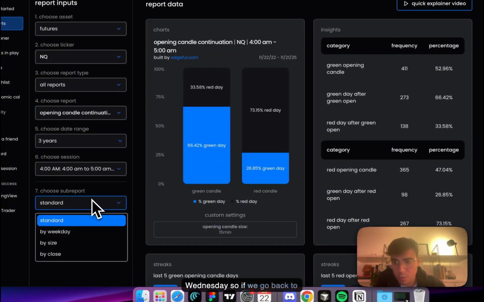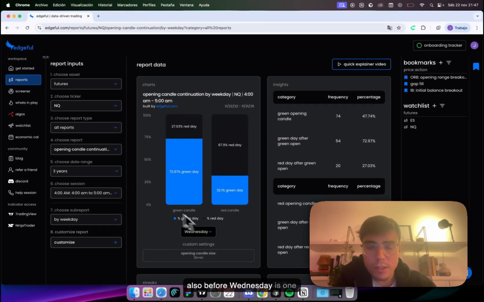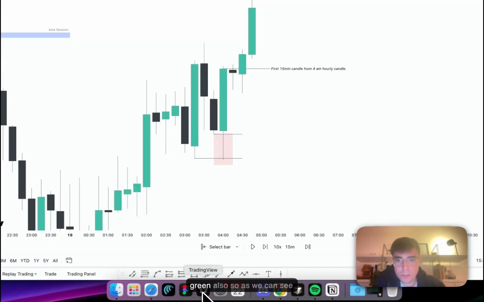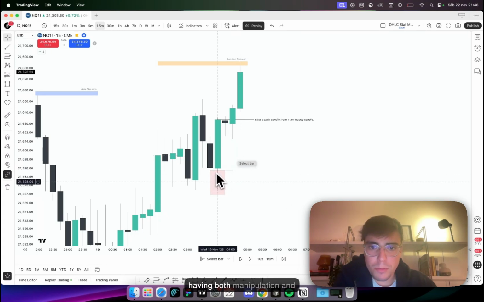It was Wednesday, so if we go back to check the weekday, Wednesday, as we mentioned before, is one of the days of the week where in the bullish scenario, with the first 15-minute candle from 4 a.m. opening and closing green, we have almost a 73% chance that the hourly candle closes green also. So it's clear, as we can see here, the 19th was a clear example, having both manipulation and then the statistics following with the expansion higher.